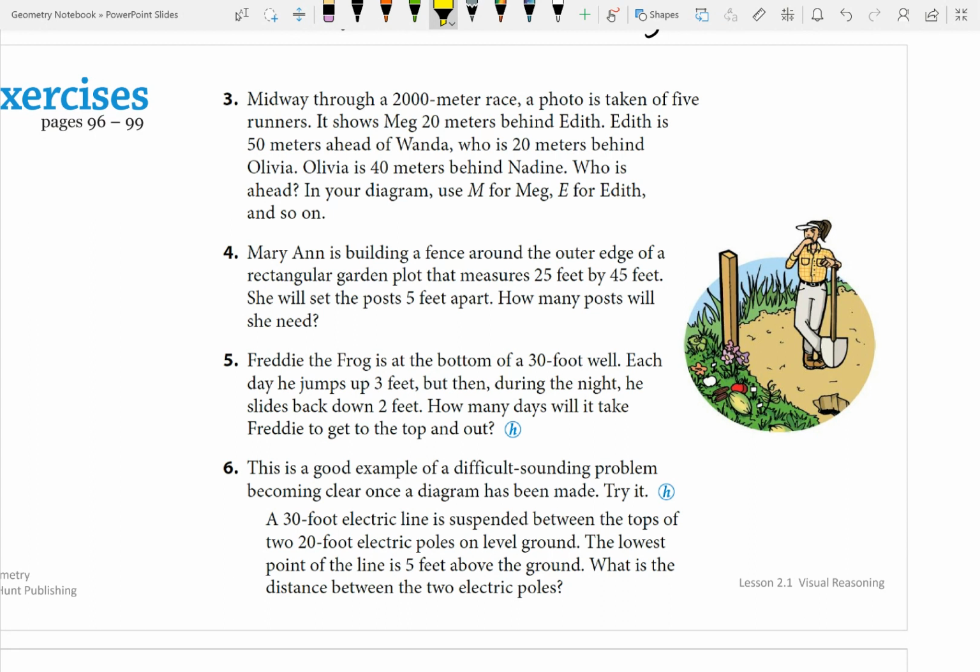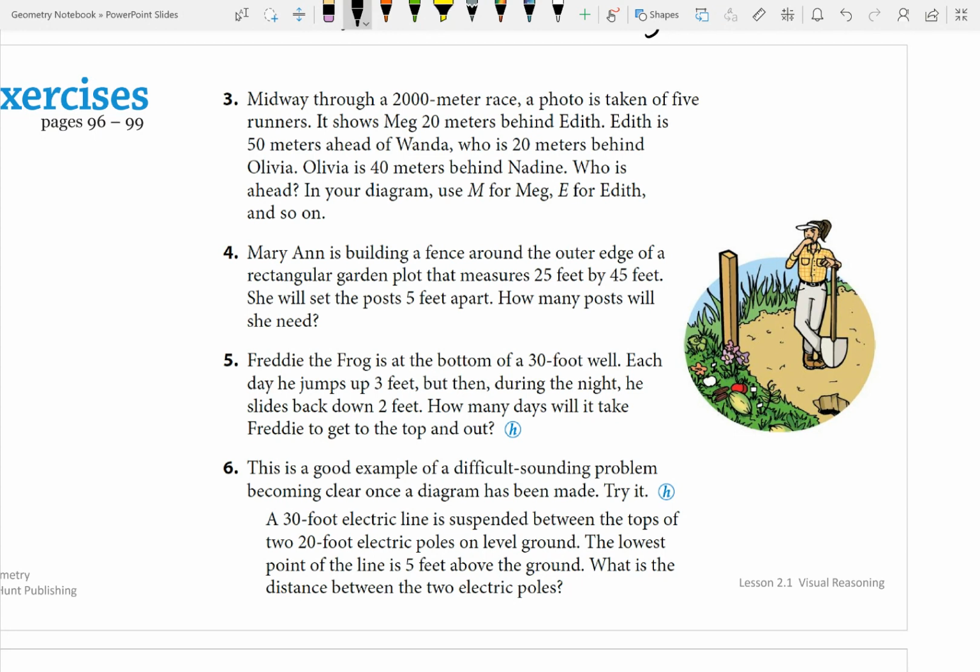It shows Meg 20 meters behind Edith, and Edith is 50 meters ahead of Wanda, who is 20 meters behind Olivia. And Olivia is 40 meters behind Nadine, who is ahead. In your diagram, use M for Meg, E for Edith, and so on.